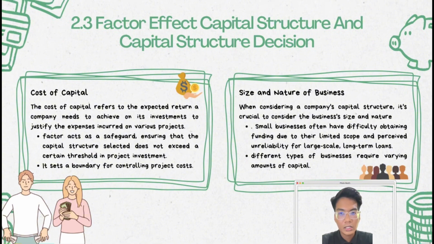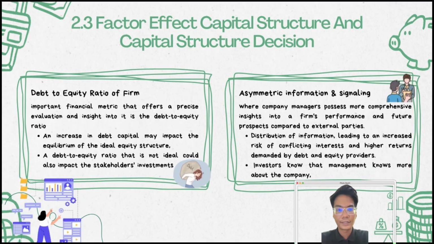A debt to equity ratio that is not ideal could also impact the stakeholders' investment. On the other hand, a high debt to equity ratio makes it easier for the company to obtain financial leverage, which it can use for emergencies or development projects.